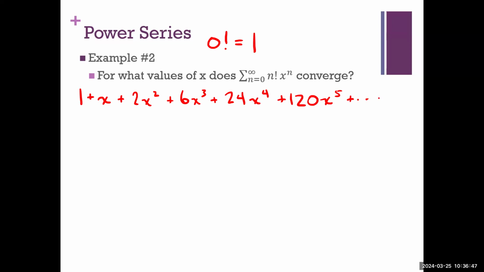All right, so we have some sort of idea how this thing behaves. What can we do to figure out where it converges? Like what values of x it converges on? So let's try the ratio test, see what that tells us.